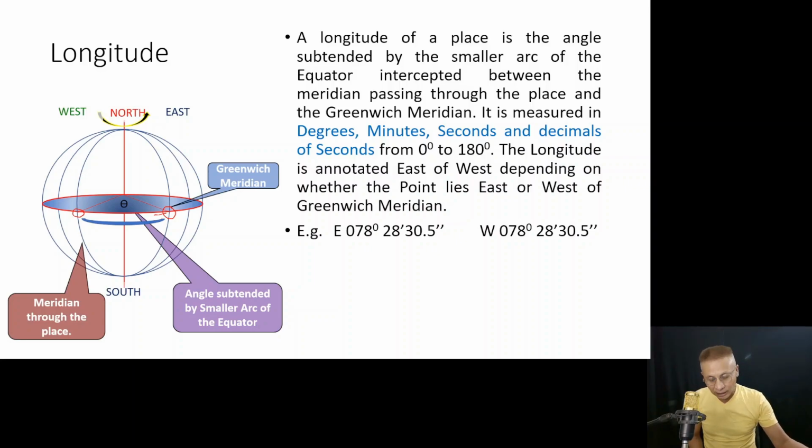Depending upon whether the place lies east or west of the Greenwich meridian, the longitude of that meridian will be annotated east or west. The example is east 078 degrees 28 minutes 30.5 seconds. Similarly, west 078 degrees 28 minutes 30.5 seconds.